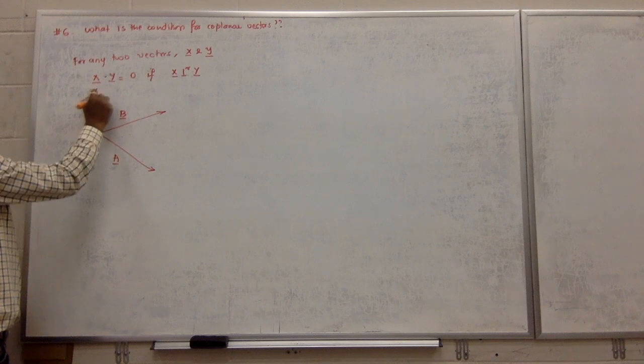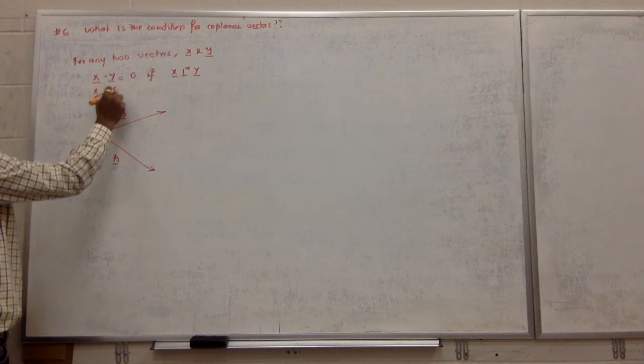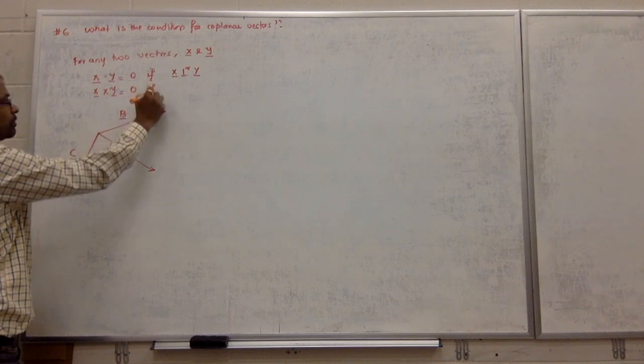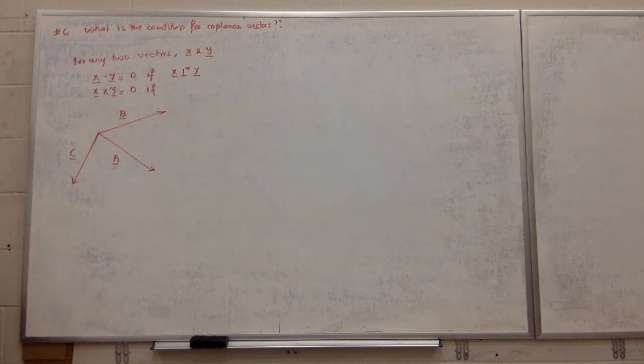x crossed with y will be 0 if they're parallel. Because then there's sine, right?